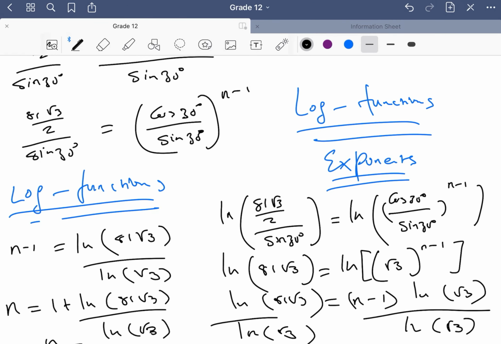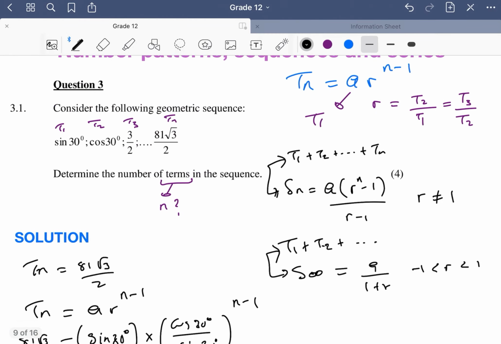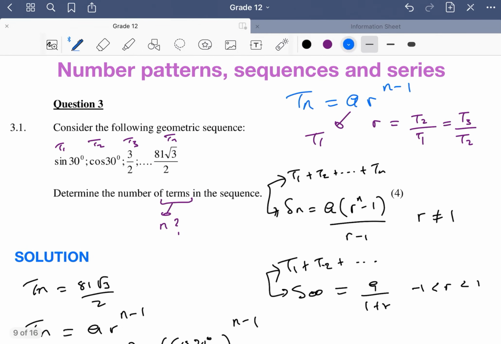Remember the condition about our n, right? n should always be positive. It can never be 0, and n is technically a positive integer, so it can never be a decimal or a fraction, right? That's how you know you've got your n.